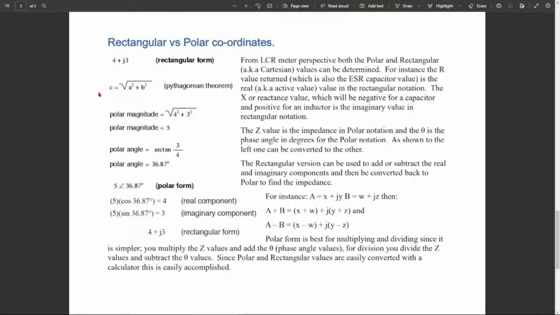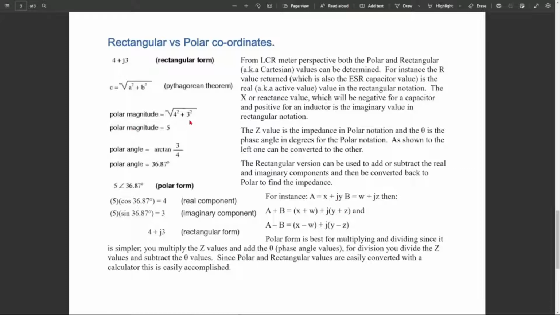Then if you want to get the actual impedance, you would use the Pythagorean theorem, which is you will take, as shown over here, the square of 4 and the square of 3, and then you take the square root of it, which would then give you the actual so-called polar magnitude, which in our case would be the impedance.